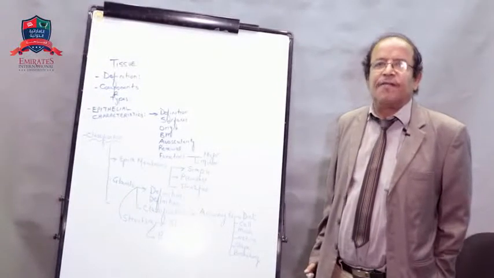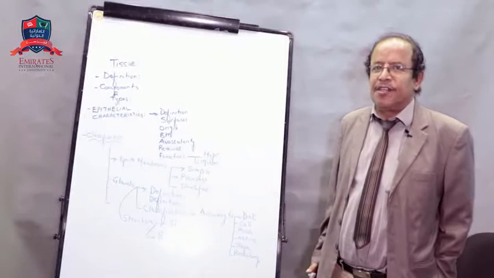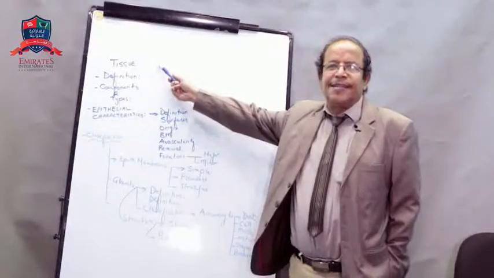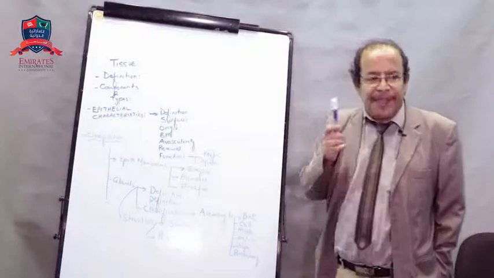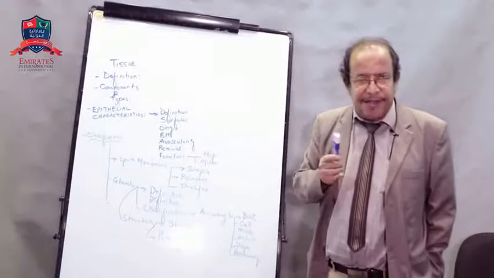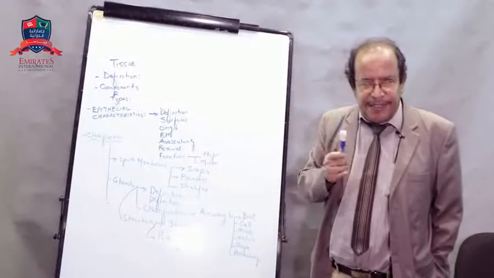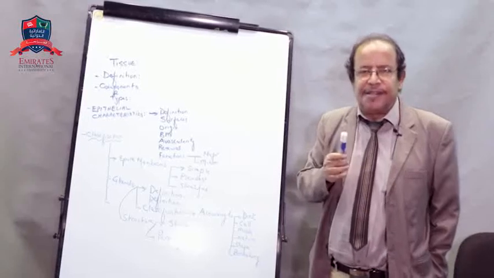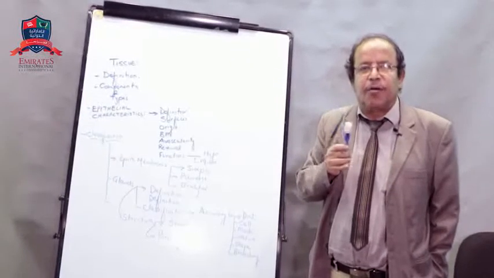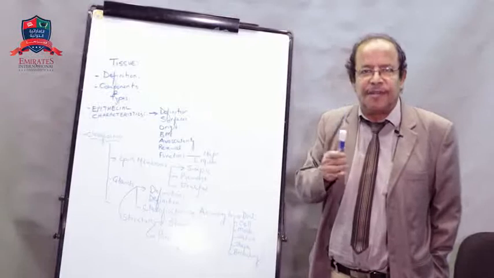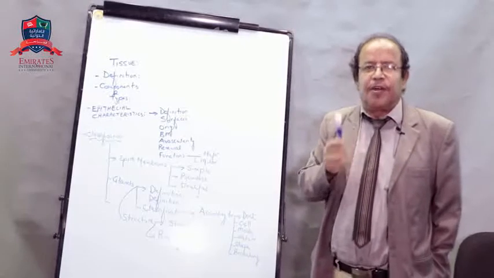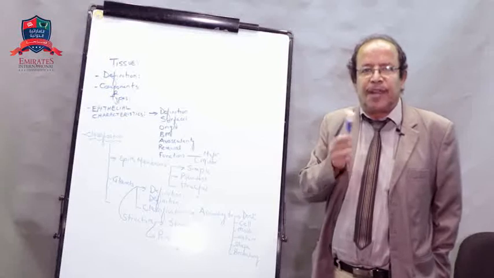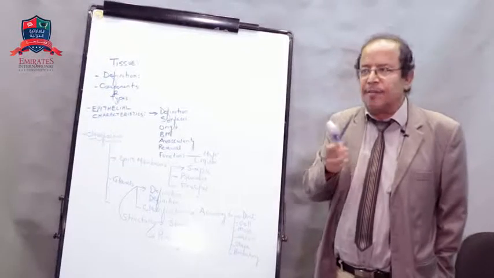The definition of tissue: predominantly similar cells, specialized in a common direction and set apart for the performance of common functions. In other words, the cells of a tissue are more or less similar.